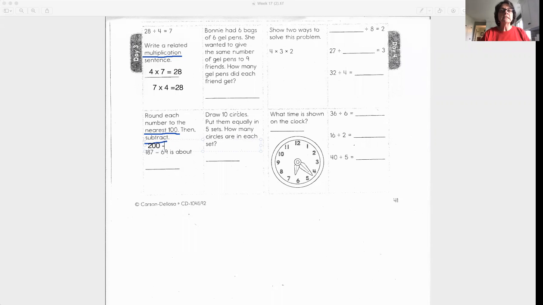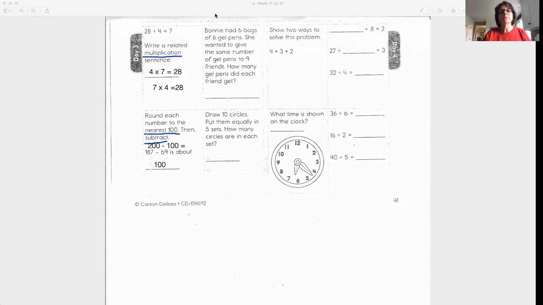When she rounds 69 to the nearest 100, I would be tempted to round that to 70, but 70 would be the nearest 10. If I round 69 to the closest 100, that would be 100. So that was probably a little tricky for you. So 200 minus 100 would be 100. Some of you may have had a little misunderstanding on that one. That was a little tricky.